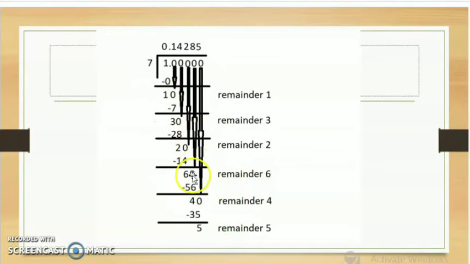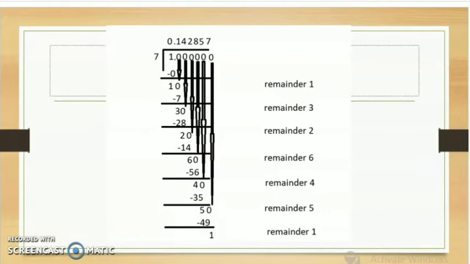Then we bring down a 0, 60. 8 times 7 is 56, remainder 4. We bring down another 0, 40, 5 times 7 is 35, remainder 5. We bring down one more 0, 50, 7 times 7 is 49, remainder 1.